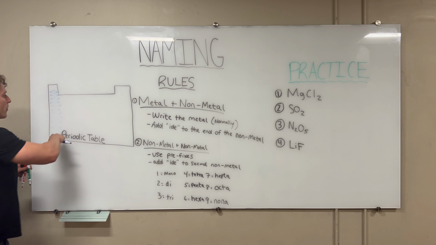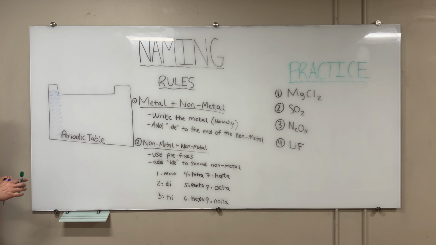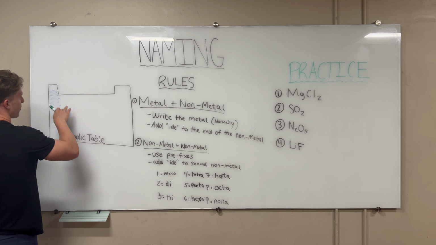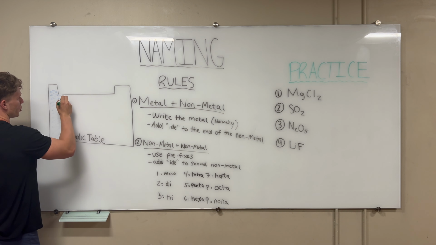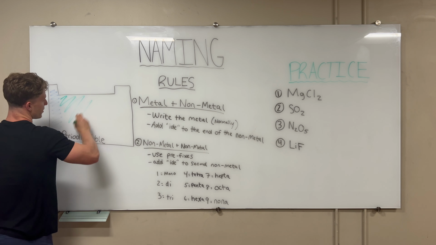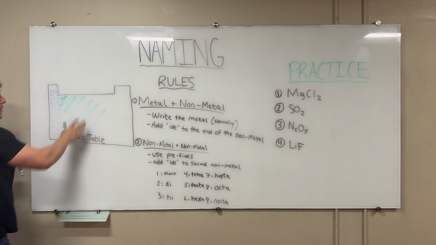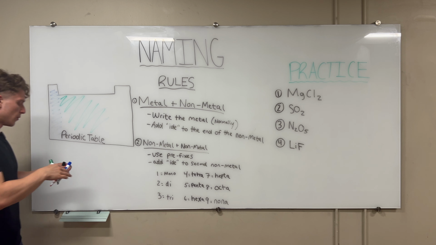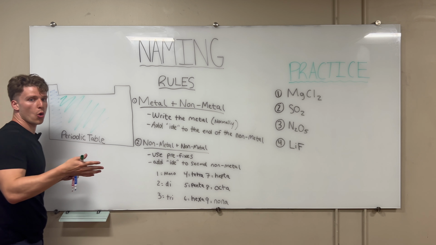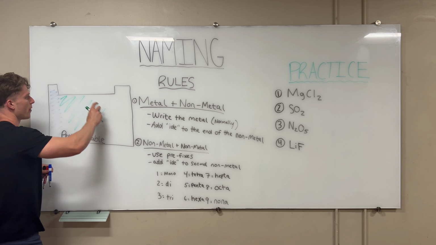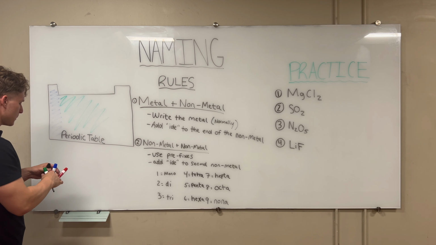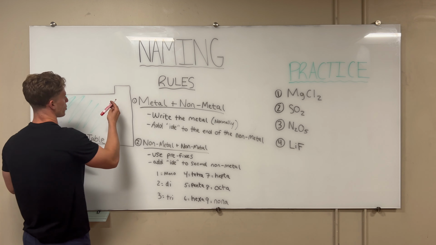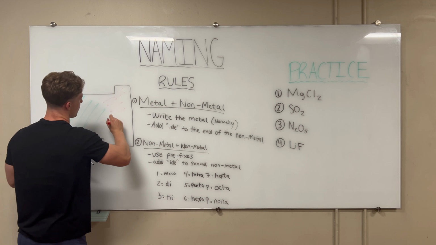Also on the periodic table are the transition metals, which are in the middle section of the table. There are some metalloids, which are like a mixture of the metal and the non-metal; there's a couple of them right here. And lastly, there are the non-metals, which are over on this side of the table.